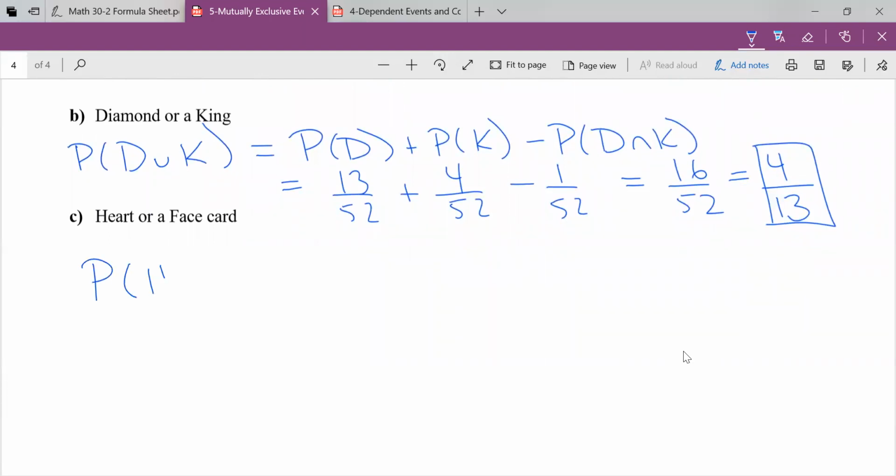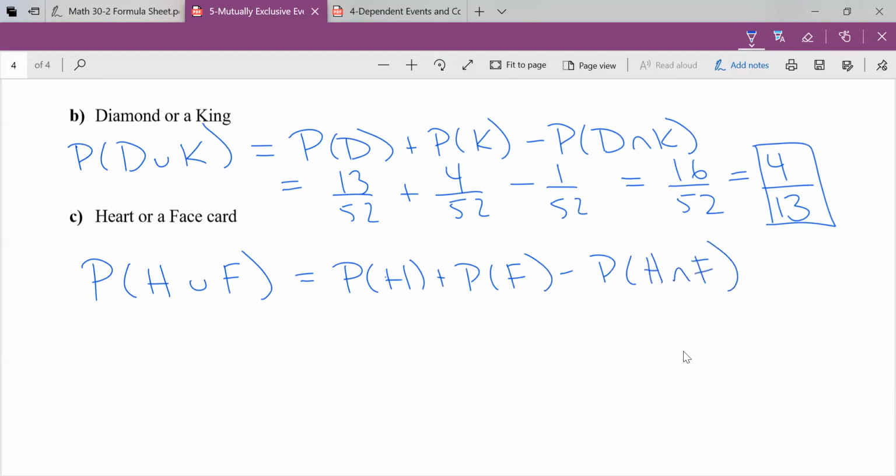All right, one more just for practice. Probability of a heart or a face card. So this is definitely not mutually exclusive because I can get a heart, I can get a face, I can get a heart and a face, right? So there's 13 hearts.